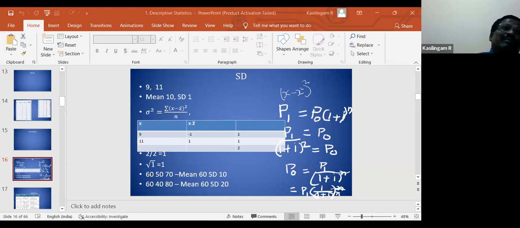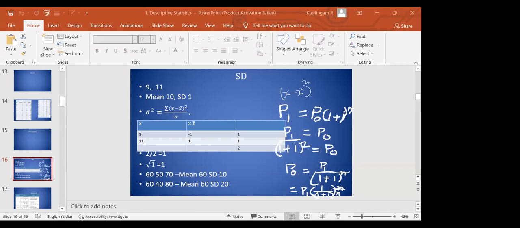Any metric can be measured with the scale. Interval is a scale variable. Ratio is also a scale variable. So we can call interval and ratio a metric variable, right?